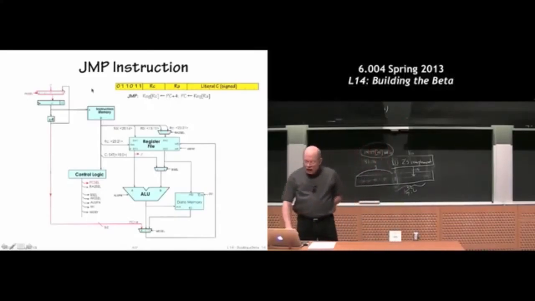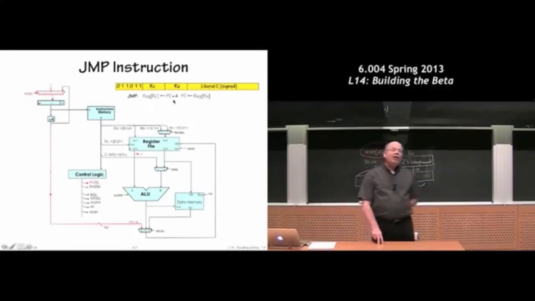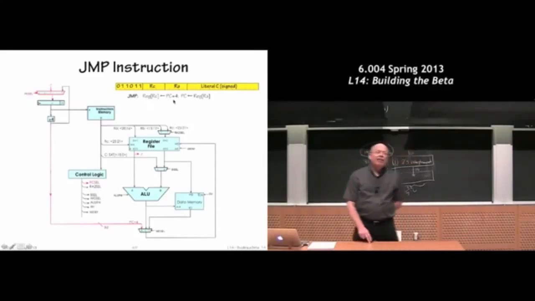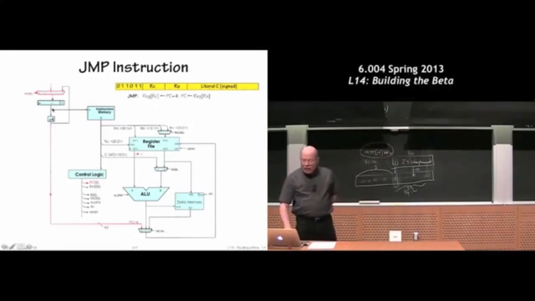And the other, and this happens for all the jump and branch instructions, we always write into the destination register, into register RC, the address of the instruction following the jump or branch, so the PC plus 4 value. So PC pointed to the address of the jump or branch instruction, and so PC plus 4 will be the address of the instruction following the jump or branch.